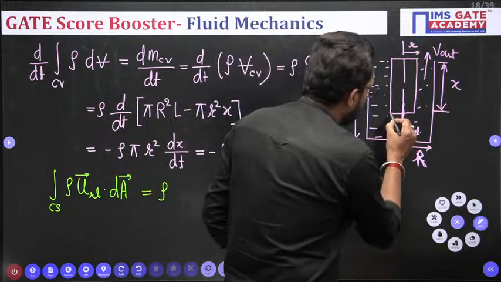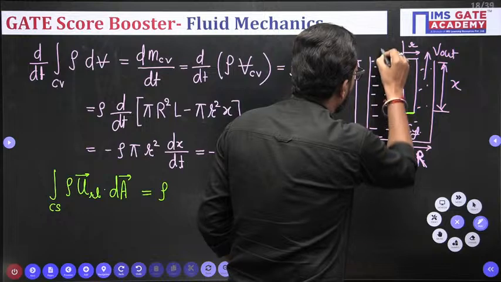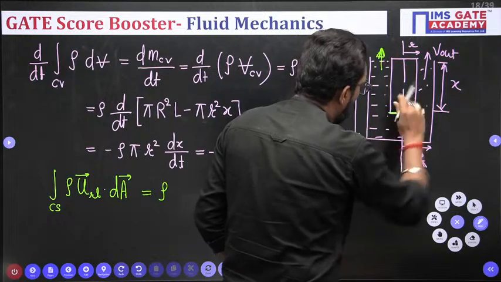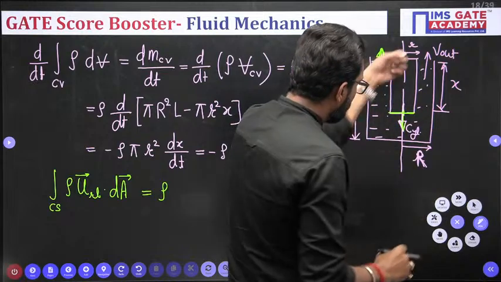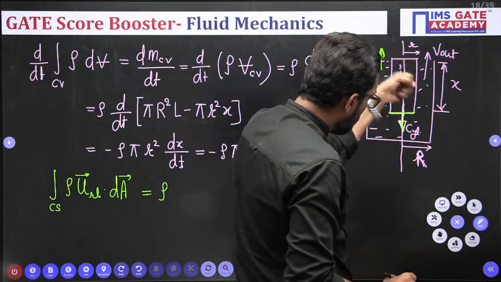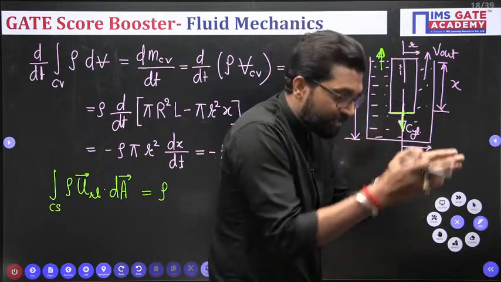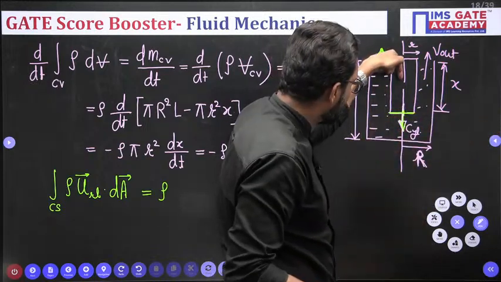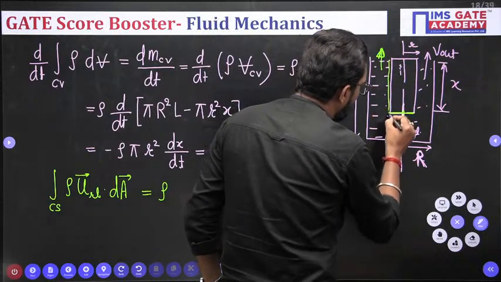Because the cylinder moves down and pushes the fluid out, but it does not cross the boundary. The cylinder is not entering the fluid, it is just squeezing. This is our fluid boundary.